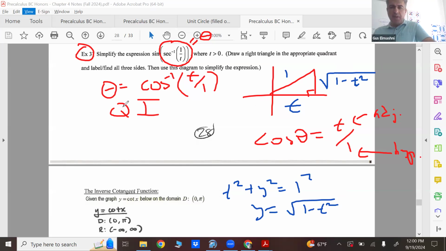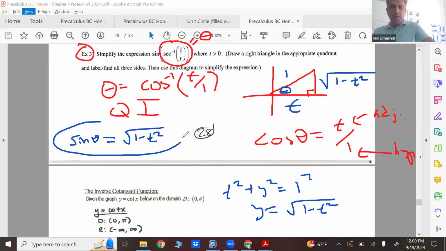They want the sine of that angle, right? So now I know what theta is. I have the triangle all figured out. What's my sine going to be? That's the final answer. You could verify the work if you made up a value for t, used a calculator, took the sine of it, and checked that it's consistent with √(1 minus t squared). You could do that as a strategy, I suppose.